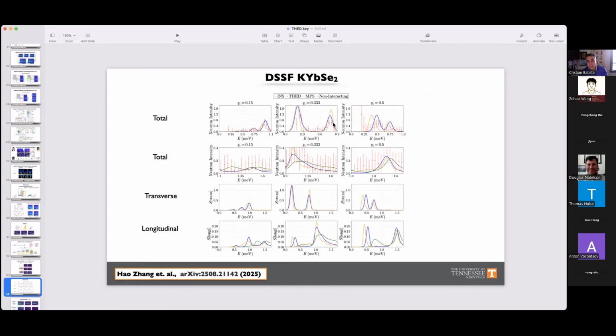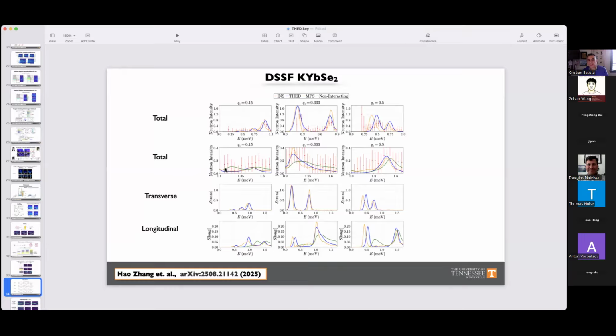a cut, right? If we show cuts for constant Q, the blue and the yellow correspond to the truncated Hilbert space approach and the matrix product state. So you can see this is basically a comparison with the experiment, and you can see the agreement. This is the single magnon region. This is the low energy region, and the high energies here are the two-magnon continuum and the resonance.